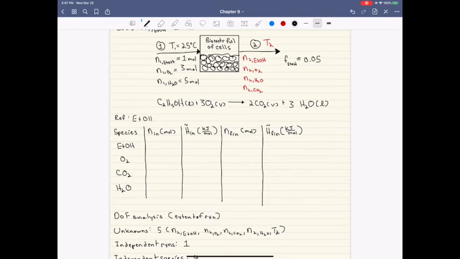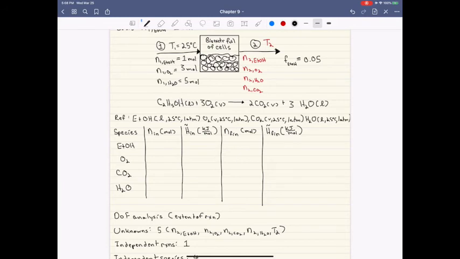So for ethanol, we start with a liquid, so let's keep that as the phase. That's at 25 C, 1 atm. The oxygen, we start as a vapor, so we'll set 25 C and 1 atm. Carbon dioxide, it's also a vapor, 25 C, 1 atm. And then the water, that's going to be liquid, 25 C, 1 atm.